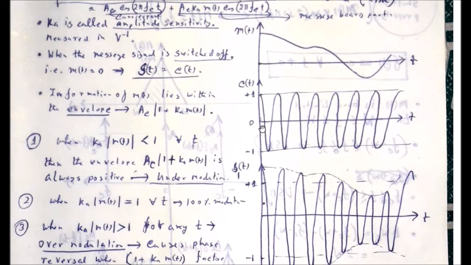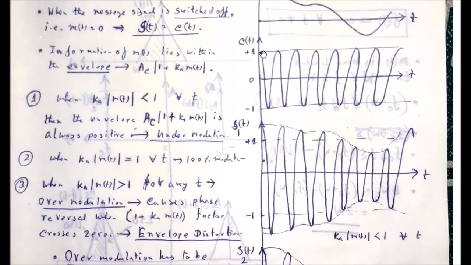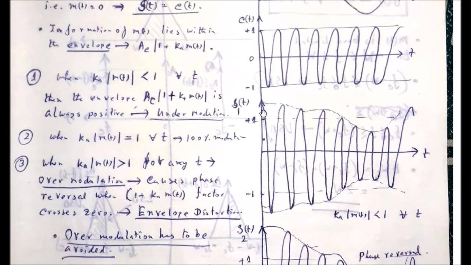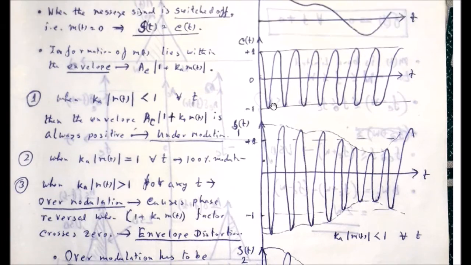This is the carrier signal having the co-sinusoidal form, and after modulation, the fixed amplitude of the carrier signal is varying in accordance with the time variation of the message signal. A fixed amplitude was there in the case of the carrier signal c(t). In the case of the modulated waveform, it is becoming similar to the time variation of the message.